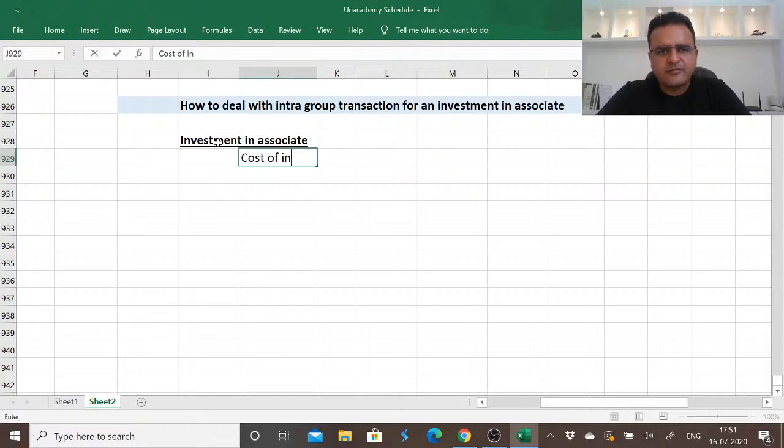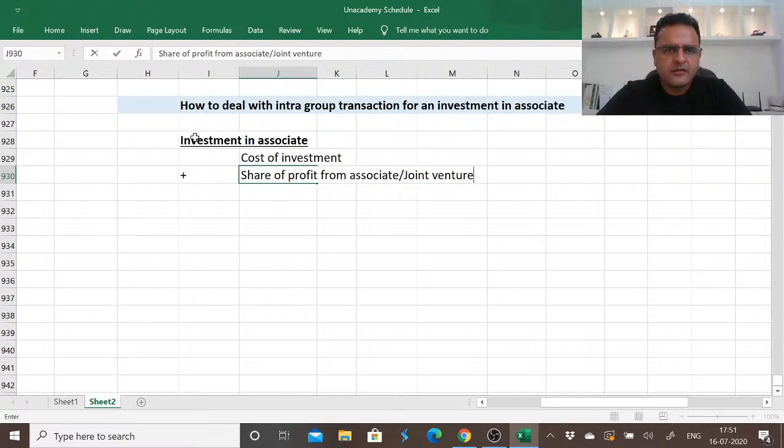Cost of investment plus share of profit from associate or joint venture. Since the accounting for associates and joint ventures is the same, I'm writing both.